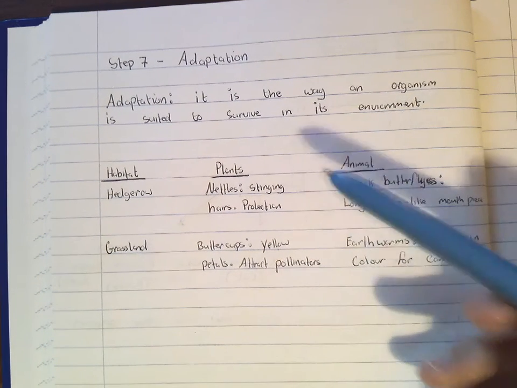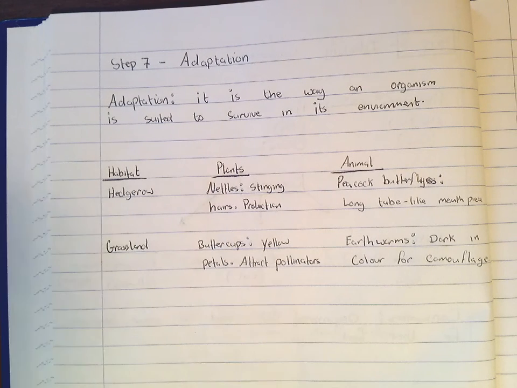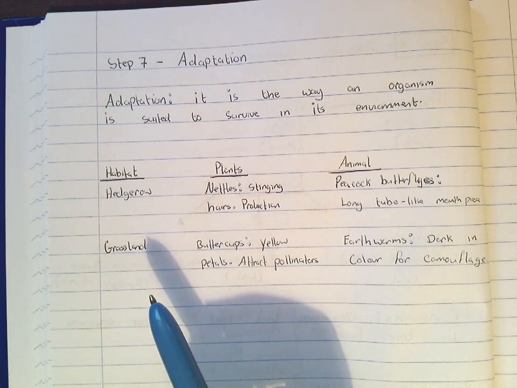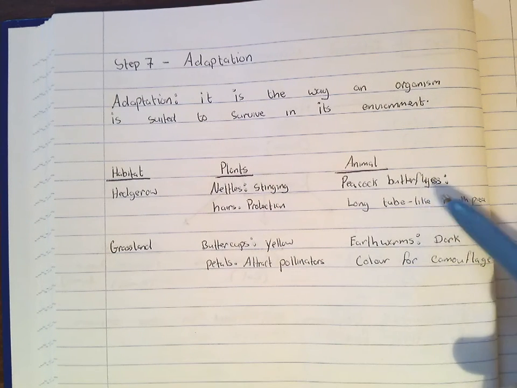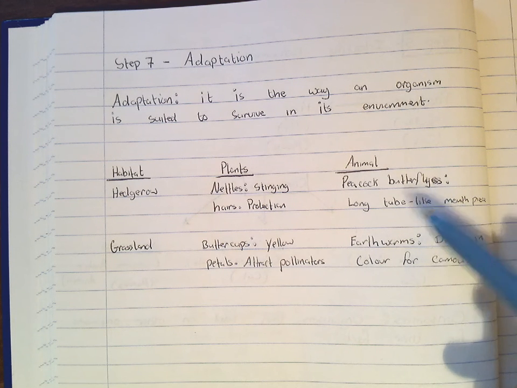So really, if we think about it, these adaptations apply to particular organisms within an environment. And basically what it means is that, for example, if you have these peacock butterflies, they have access to nectar that other organisms within the environment wouldn't have access to.